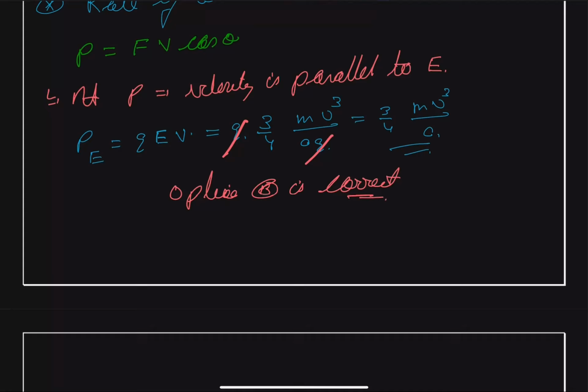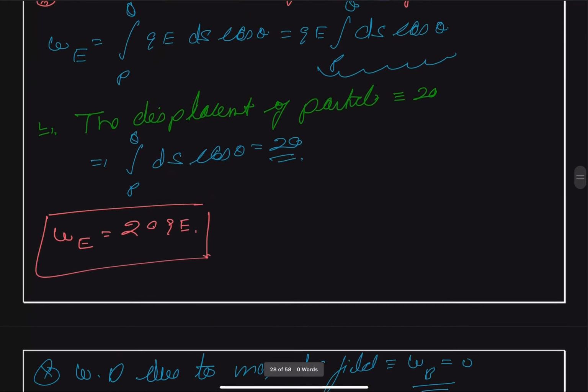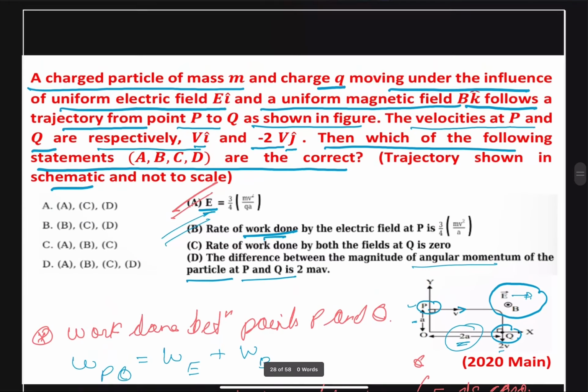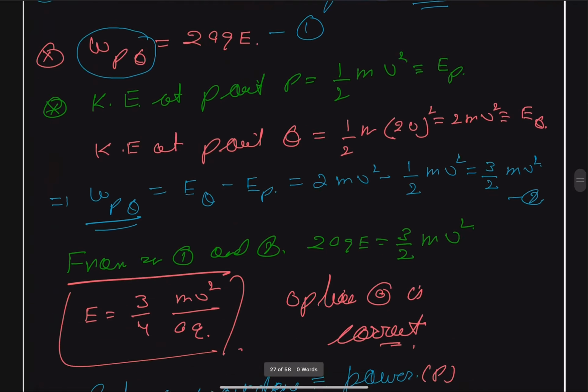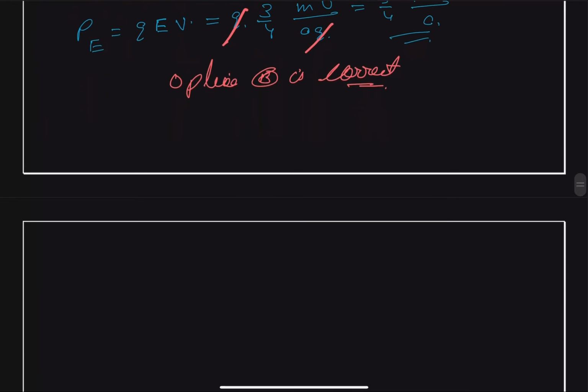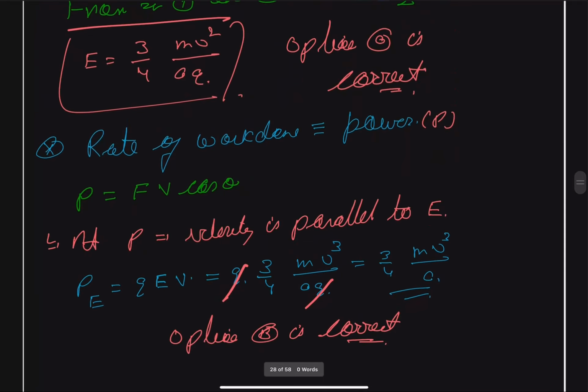And next we have to find out the rate of work done at Q, that is basically power. And we already know the formula for power is Fv cos of theta.